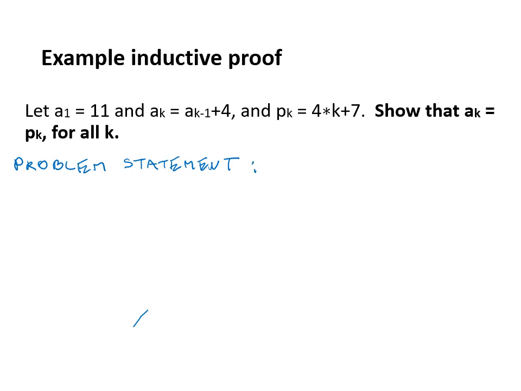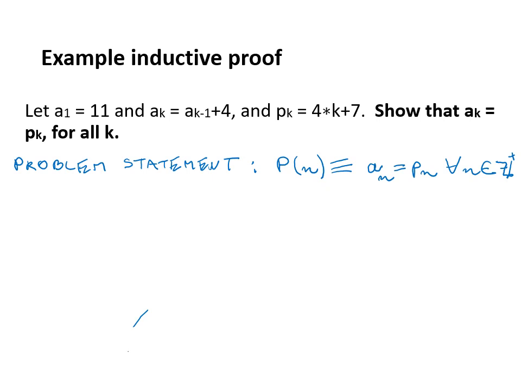That's our predicate P of n, which is in this case equivalent to A of n is equal to P of n for all n in positive integers. Okay, so that's our first step.